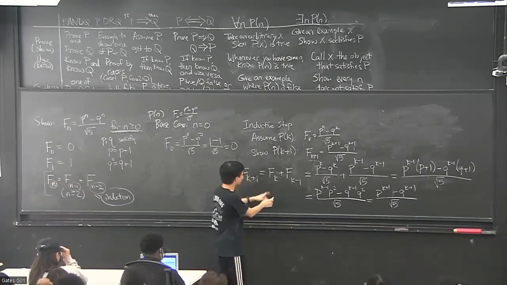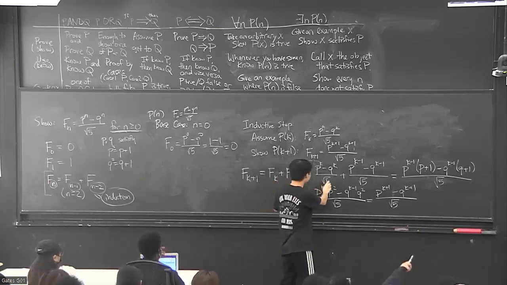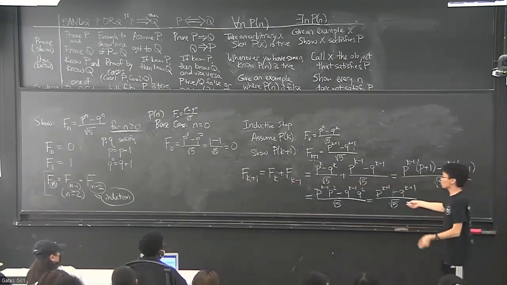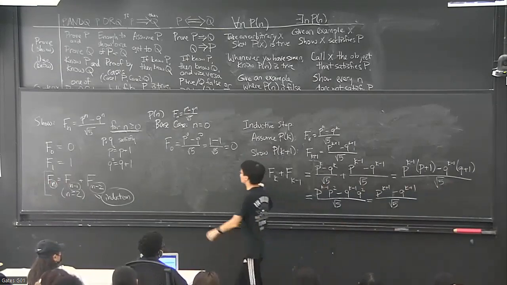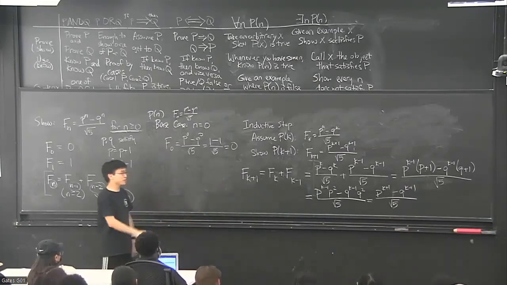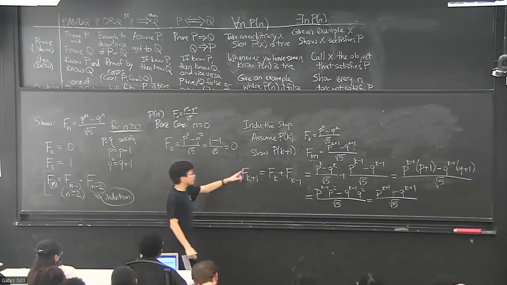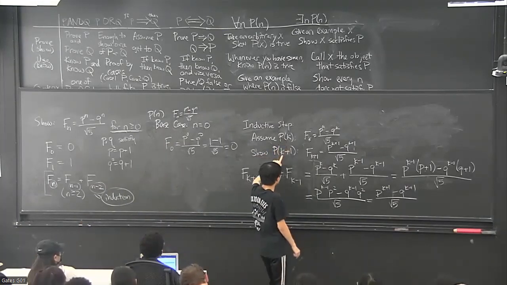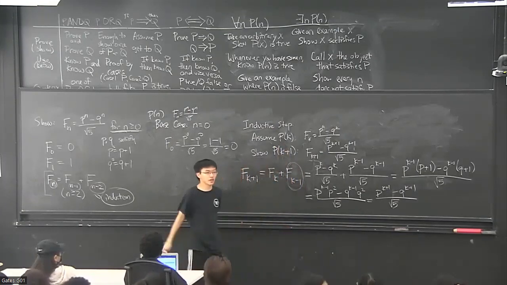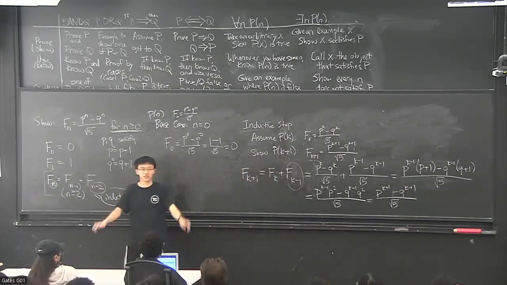Here, I relied on P of k, and I relied on P of k minus 1. So actually, if you trace this proof down, you want to say, oh, P of 0 gets to P of 1. Can you get from P of 0 to P of 1? If I know P of 0, and I try to get to P of 1, this now relies on P of negative 1, which was never proved to be true.